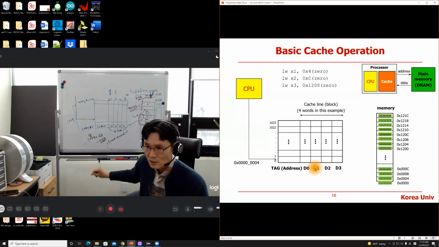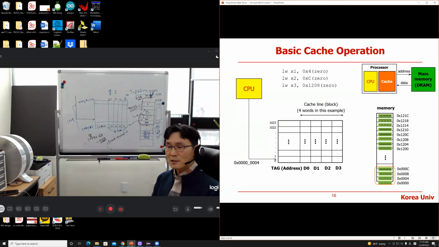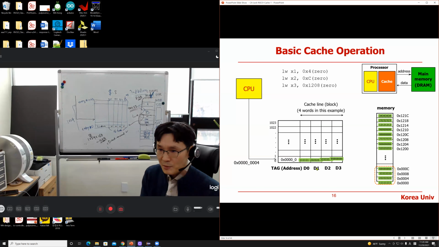Cache miss happens, then the data will be placed into the cache like this. Let me explain. Let me go back. CPU requested that information, but cache is not holding the data. So we have a cache miss.